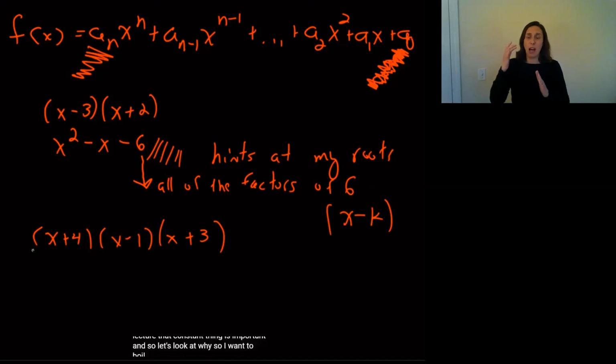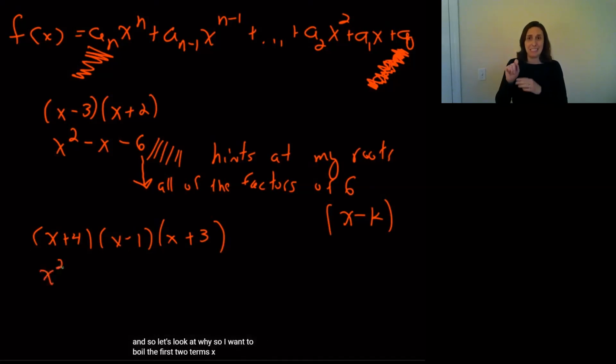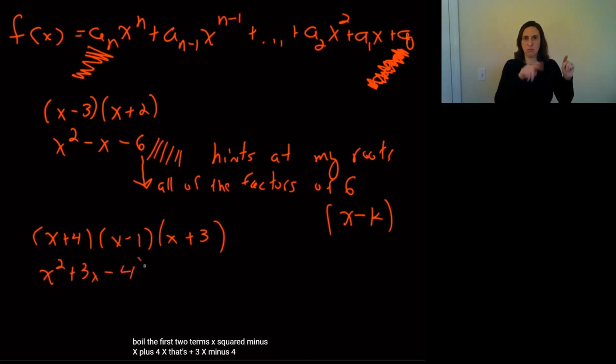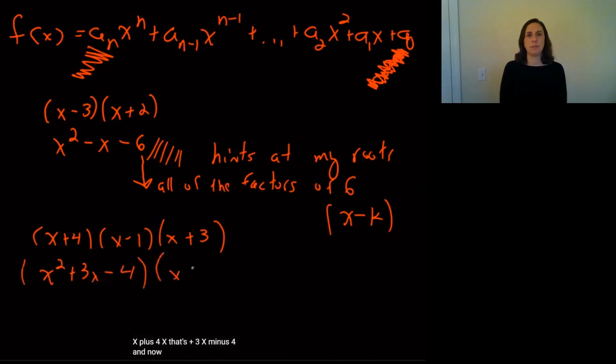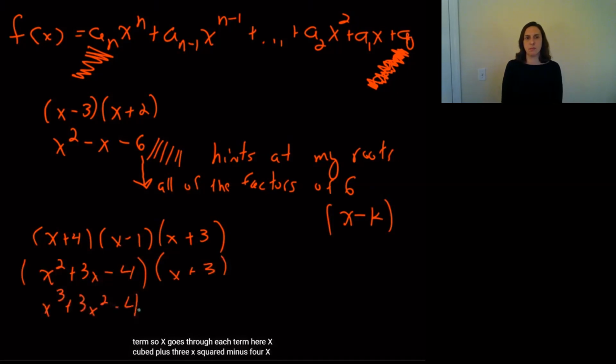So I'm going to FOIL the first two terms. x squared minus x plus 4x, that's plus 3x, minus 4. And now I'll multiply it by the last term. So x goes through each term here: x cubed plus 3x squared minus 4x. And then multiply 3 through each term: plus 3x squared plus 9x minus 12.